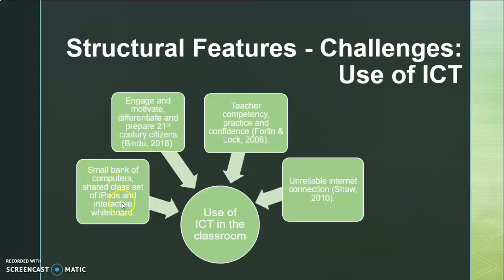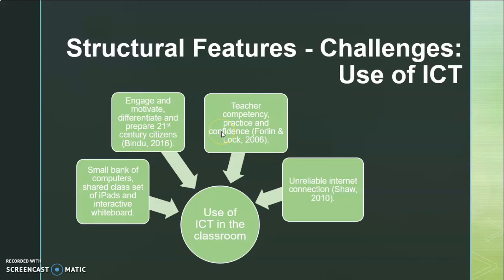The school possesses a wide range of ICT devices, including a small bank of computers and an interactive whiteboard in the Prep to 3 classroom, as well as a shared class set of iPads across the school. These ICT resources can be used to effectively engage and motivate students, provide differentiated and flexible learning options, and prepare students for the 21st century.